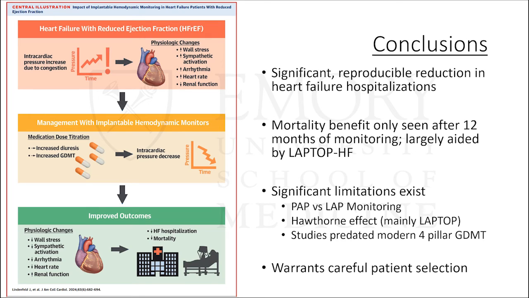And then all three of these studies really largely predated our modern 4-pillar guideline-directed medical therapy. So overall, I think there is a role for implantable hemodynamic monitors, but it warrants careful patient selection. And I think those that may benefit the most are those with reduced ejection fraction heart failure.